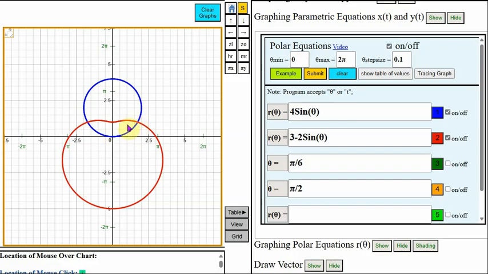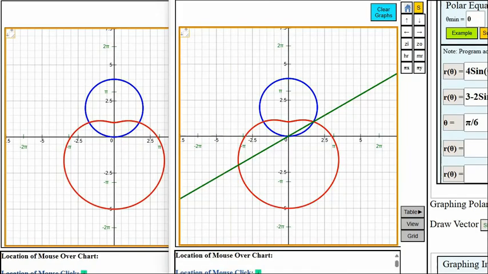Now let's figure out how to find the area of this region right here. This line right here is the line theta equal to pi over 6.